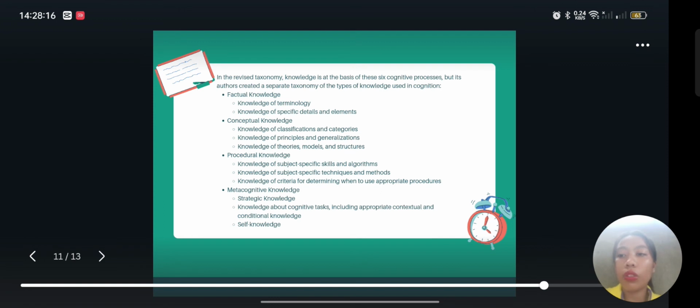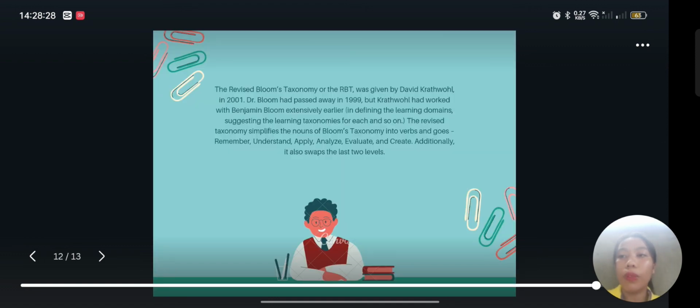And then we also have metacognitive knowledge: strategic knowledge, knowledge about cognitive tasks including appropriate contextual and conditional knowledge, and self-knowledge. The revised Bloom's taxonomy, or the RBT, was given by David Krathwohl in 2001.